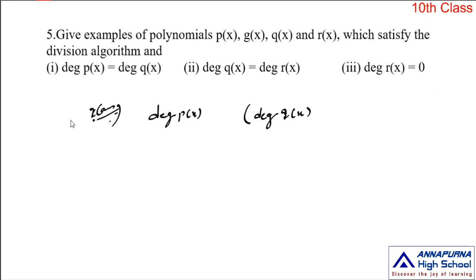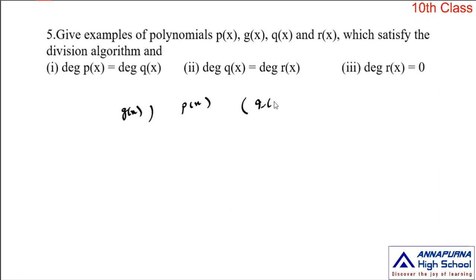And the second condition is degree of q of x is equal to degree of r of x. So in case these two degrees are equal, then what is the degree of the dividend and what is the degree of the divisor? For example, if the quotient degree is 2, then as per the condition the remainder degree is 2.